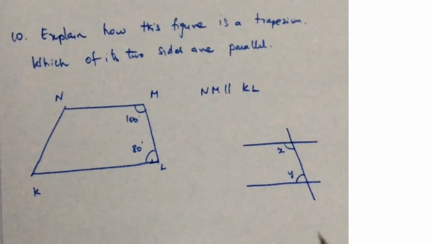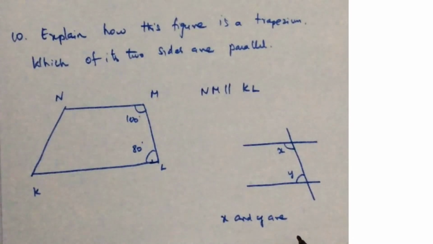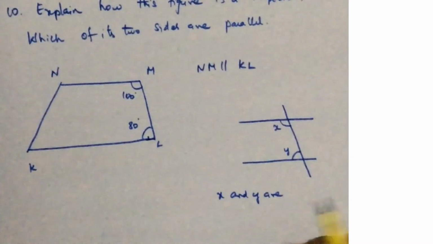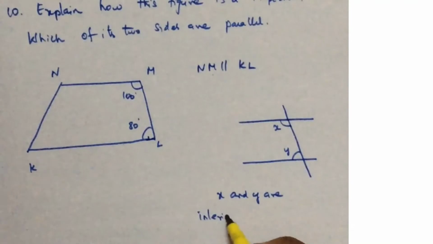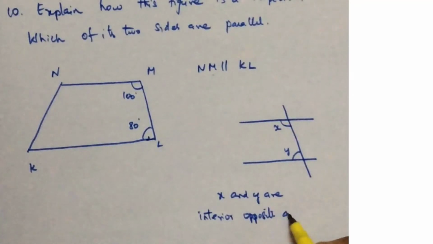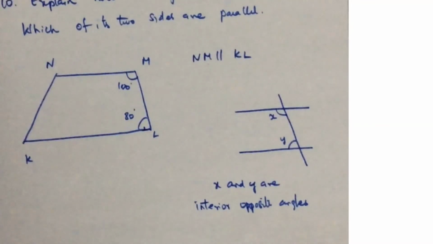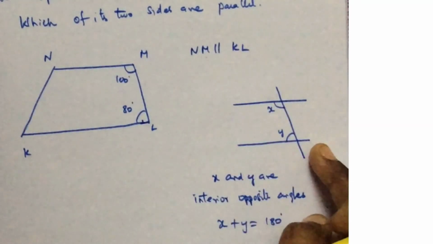These x and y are interior opposite angles. Let me write interior opposite angles. The property is, if you add x plus y, it should give 180. In that case you can say these two lines are parallel.